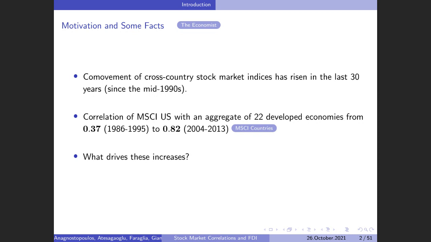So we don't have developing economies like China or India and other developing economy stock markets, which still constitute a couple of percent of the total capitalization in the world. So the MSCI index, which is composed of 23 countries, is mostly the world stock market representative.